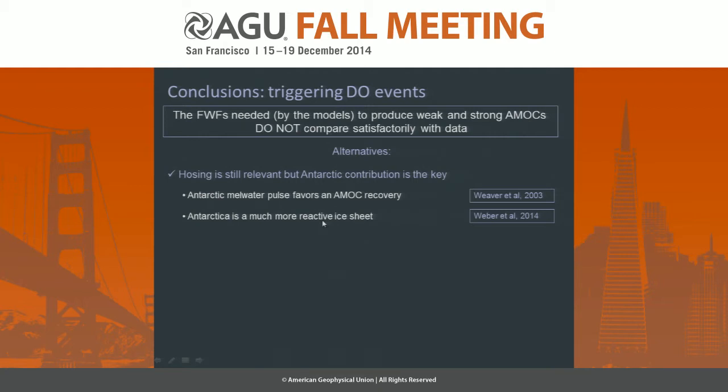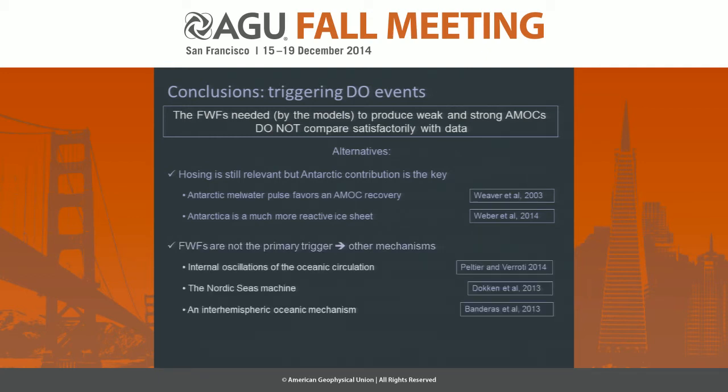And there's another alternative, and it's just that freshwater flux is not important, that reality doesn't see freshwater flux as the primary trigger of the climate system changing abruptly. And that points to other mechanisms. A lot of other mechanisms have been suggested.